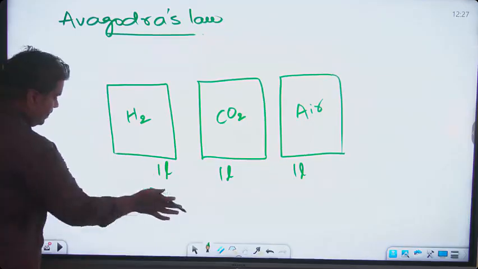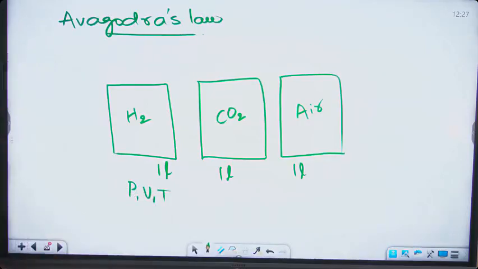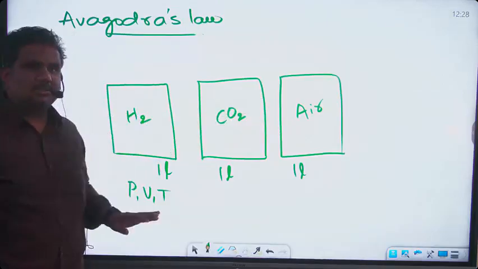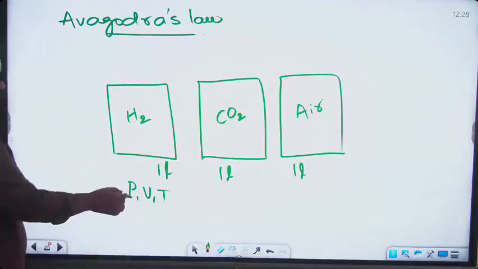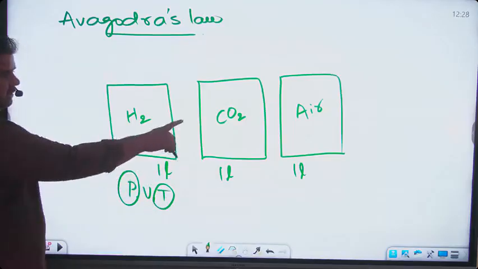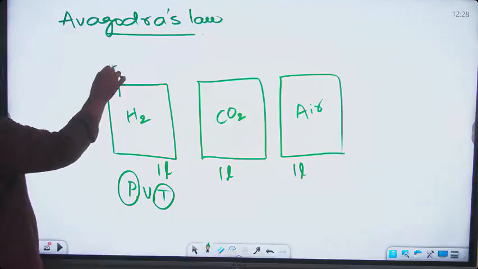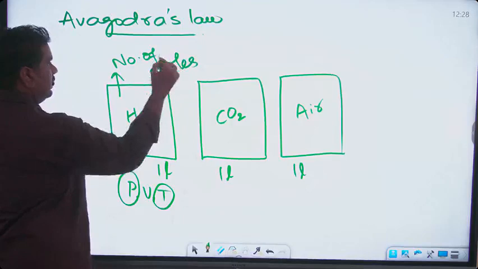In simple terms, these 3 cylinders are maintained at equal pressure, volume, as well as temperature. So what does Avogadro's law state? Equal volumes of all gases under equal temperature and pressure. So here in this case temperature and pressure are also constant. So in this particular case, the number of moles will also be equal.